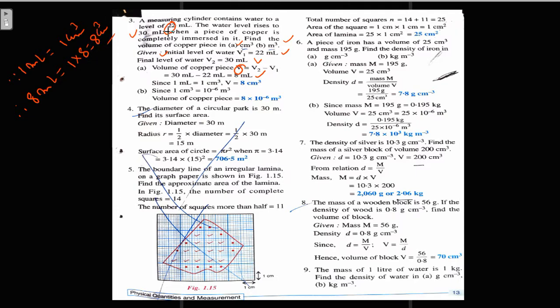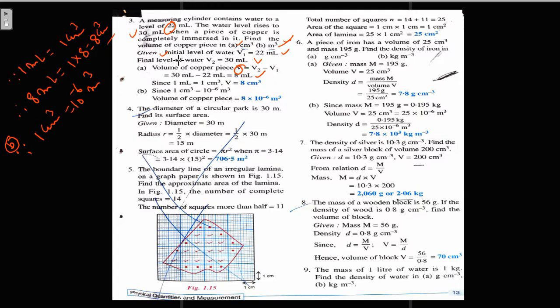In the same way, we have to convert these centimeters into meter, because he wants the answer in meter cube. So for part B, I am doing the calculation here. As we know, 1 centimeter cube is equal to 10 raised to power minus 6 meter cube, right?